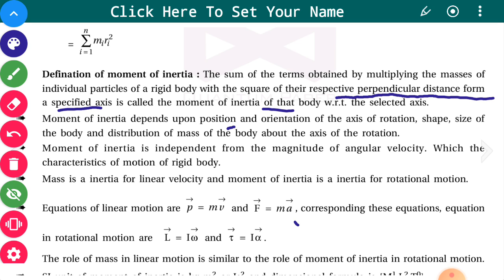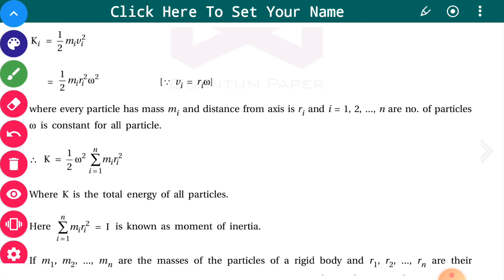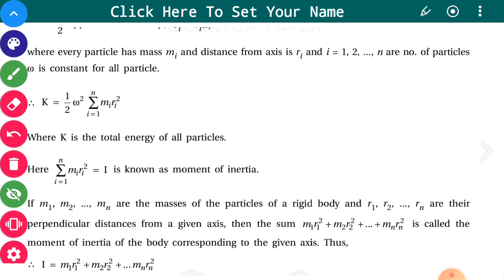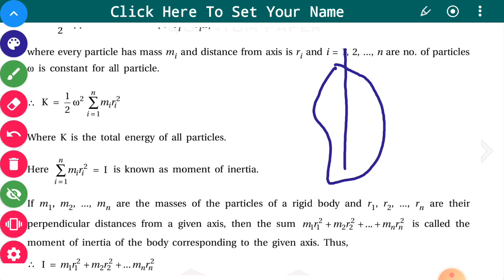It depends upon the position and orientation of the axis of rotation. Try to understand. If you have a particular rotational axis, say for example you have this rigid body and this rotational axis, and you consider this as a particle whose mass is m1, then its perpendicular distance is r1.